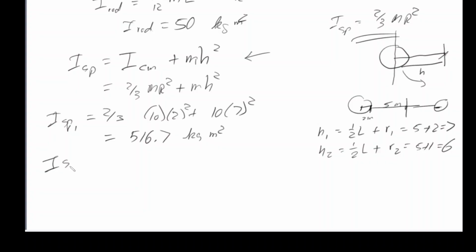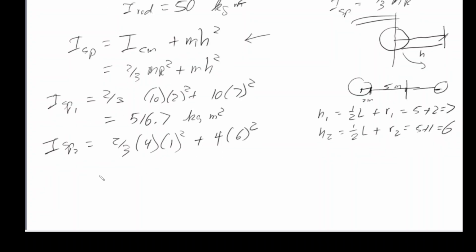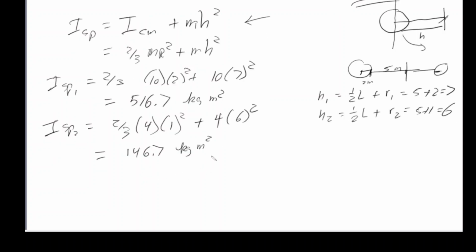And the I of sphere 2 is equal to 2/3 its mass, which is 4, times its radius squared, which is 1, plus the mass times 6 squared. And if you go through that calculation, that comes out to be 146.7 kilogram meter squared.